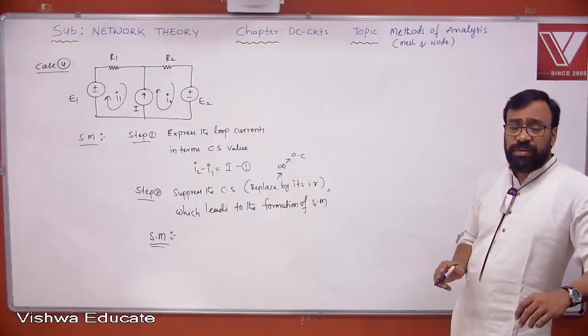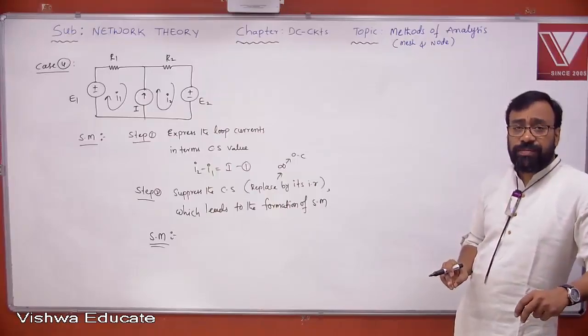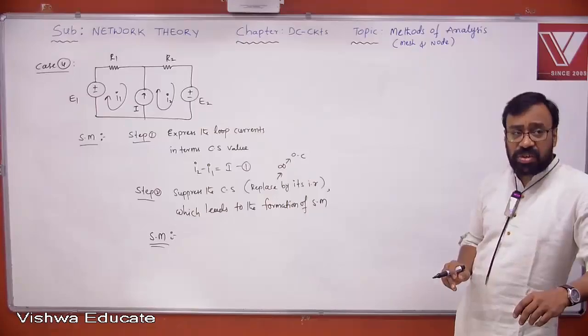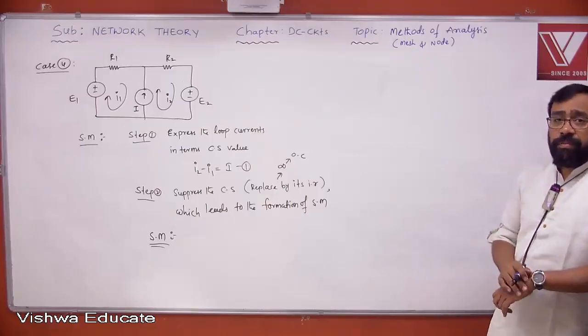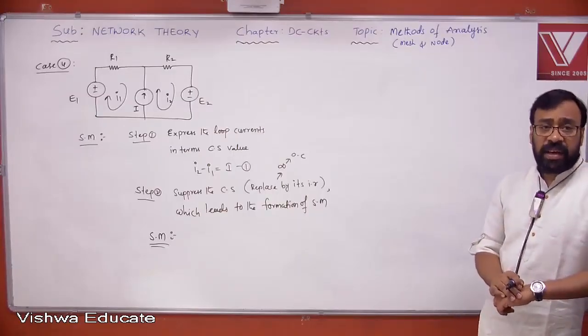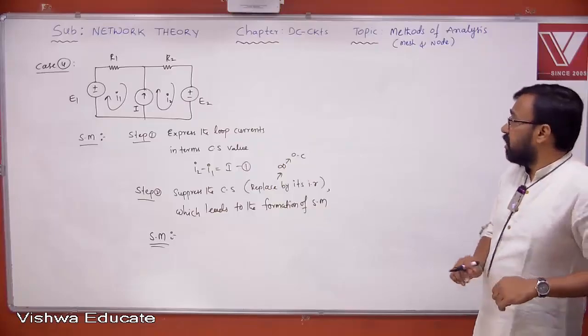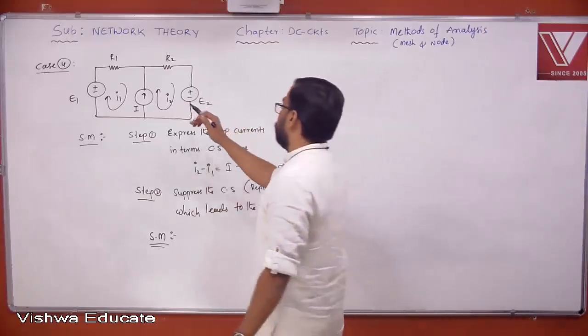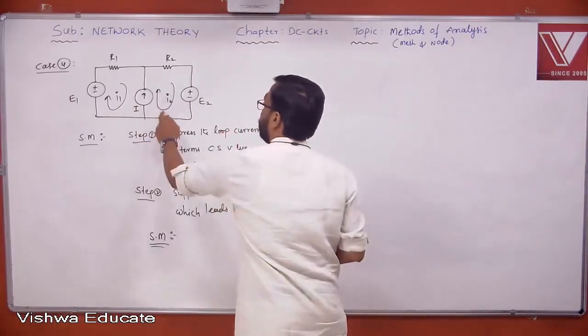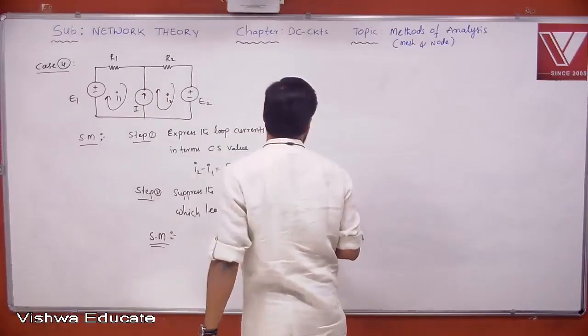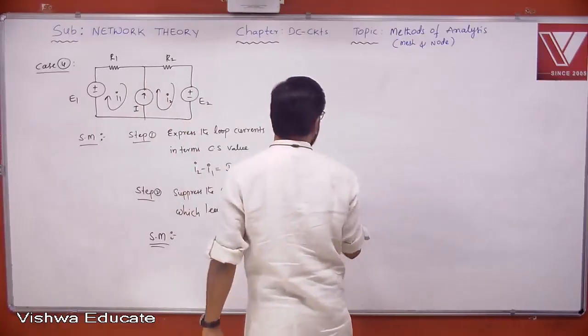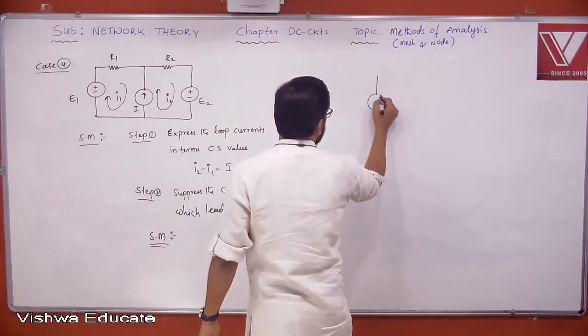Merge of two individual meshes between which an ideal current source is connected. Understand, all of you? Okay. So these are the two individual meshes between which an ideal current source is connected. Now it is forming a super mesh. It is something like this. Look at this, all of you.